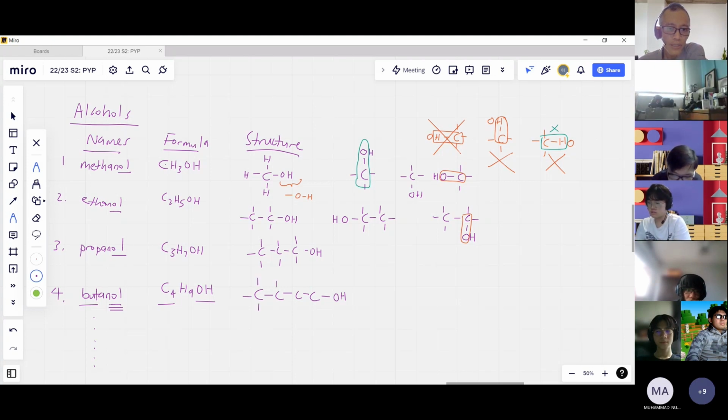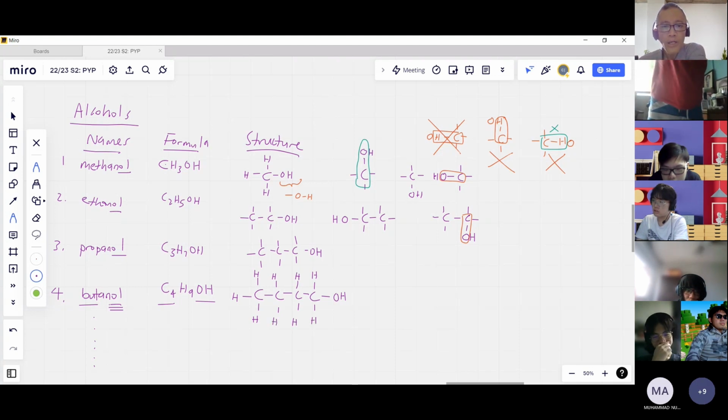Always check carbon has 4 bonds. As I said, in your test or exam, make sure you fill in your hydrogen too. As mentioned last week, hydrogen has only 1 bond. Check that everything is correct and that gives you your complete structure.